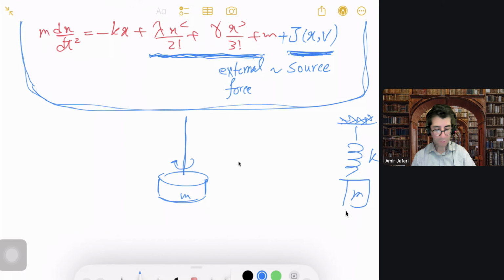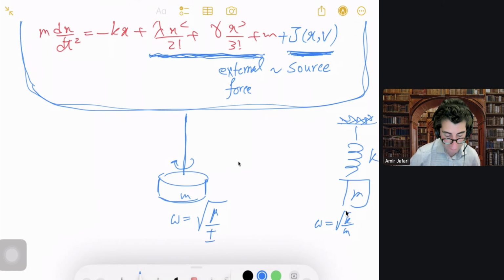And by rotating this mass, you're going to have some torsion in this spring. Now, this is a rotational simple harmonic oscillator, if you like. So here omega is square root of k over m. Here omega would be something like square root of mu over I. I is the moment of inertia, and mu is the torsion constant, kind of a rotational spring constant.